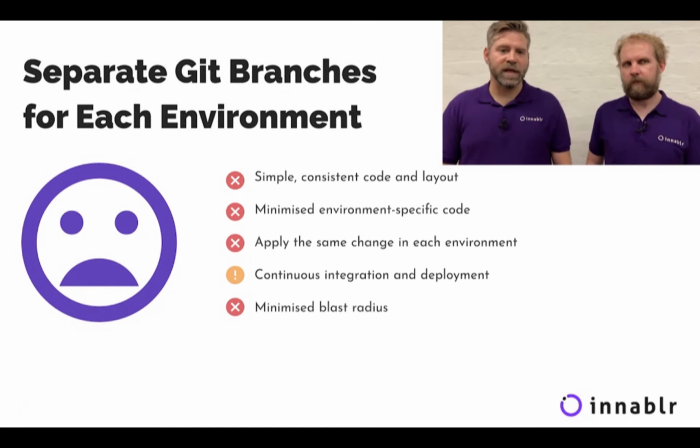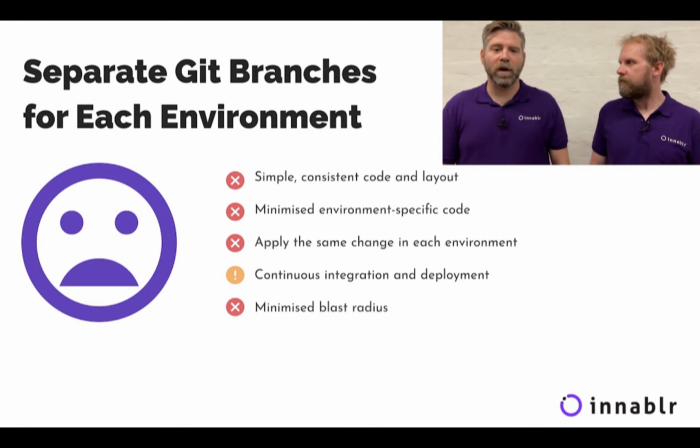So another thing we've seen is separating the environments via Git branching. Why is this bad? This is bad because your branches can get out of sync quite quickly. We're all human. We can't remember what we've put into dev and then got to put it into test and prod and the rest of it. We'll forget sometimes.